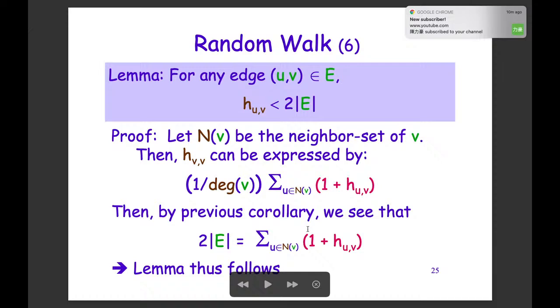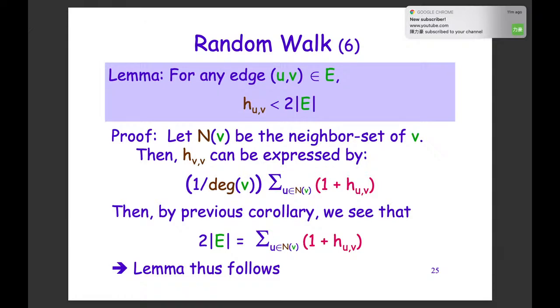Among this summation, one of the terms is H_uv, and they add up to exactly 2e. So in that case, any term here must be less than 2e. So we have a very crude bound. It is not an accurate bound for this case, but it is sufficient for us to do the further analysis in the next slides.